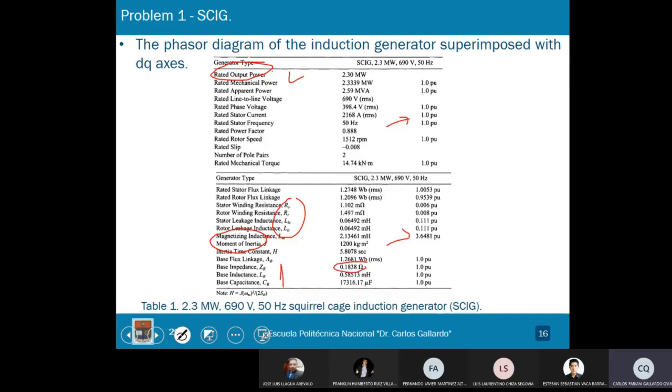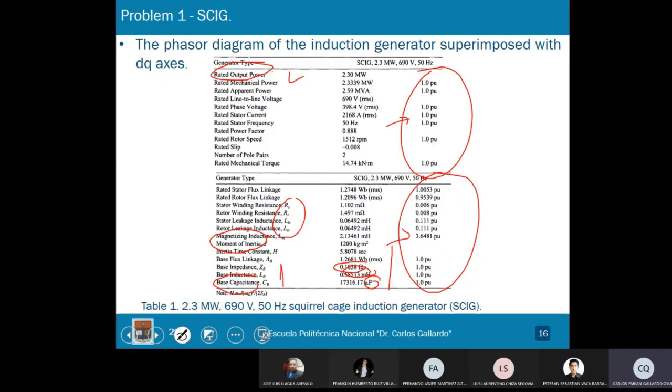The base inductance is 0.58513 millihenries, and the base capacitance is 17,316.17 microfarads. The per unit value, by definition, is equal to the actual value over the base.